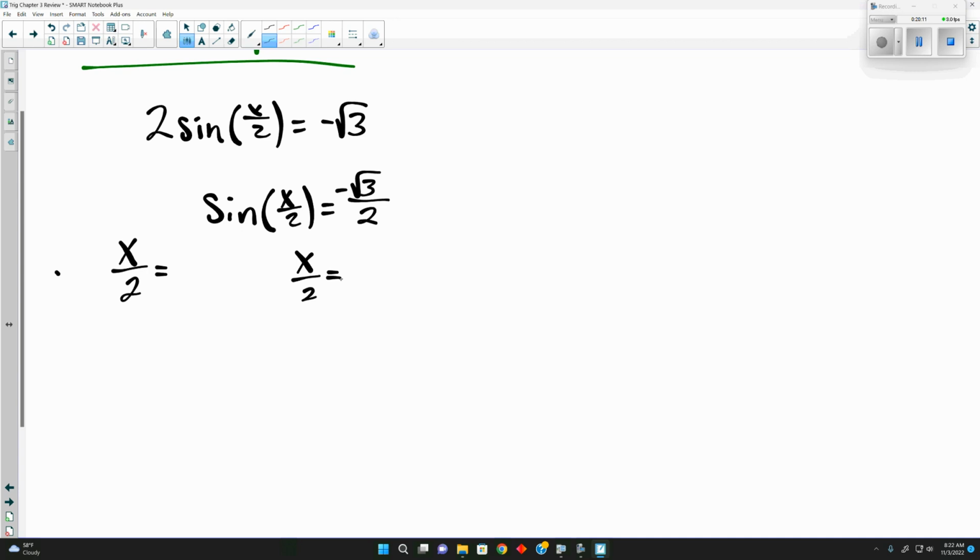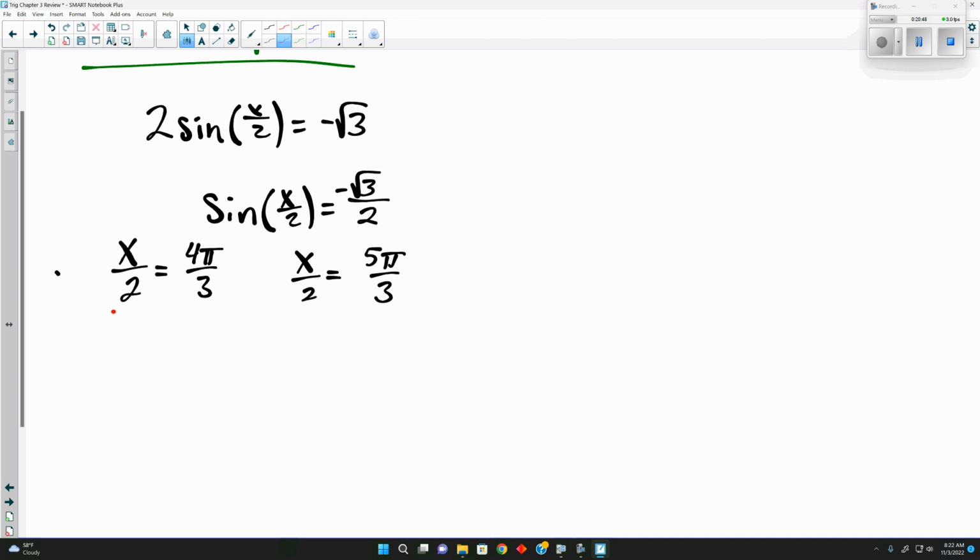Now again, because we're keeping this between 0 and 2 pi, this is kind of nice because again, unit circle. And where sine is negative square root 3 over 2 is going to be at 4 pi over 3 and 5 pi over 3. And we could solve it this way because the only trigonometric function we had was sine of x over 2. So we don't have to use our half angle formula and apply it in here.